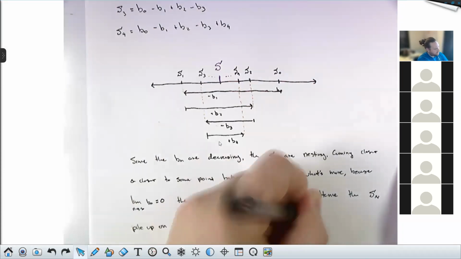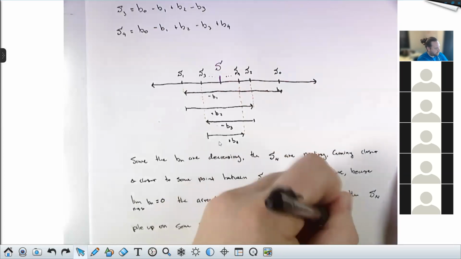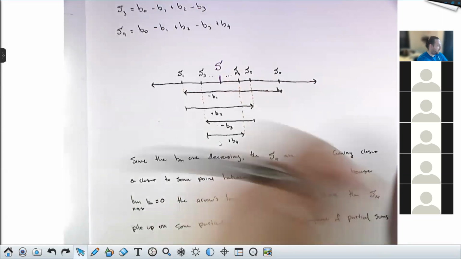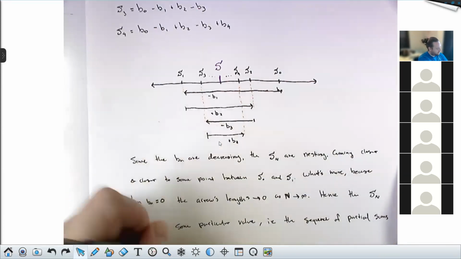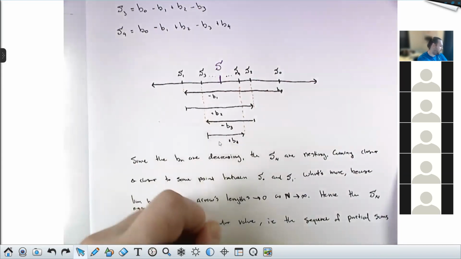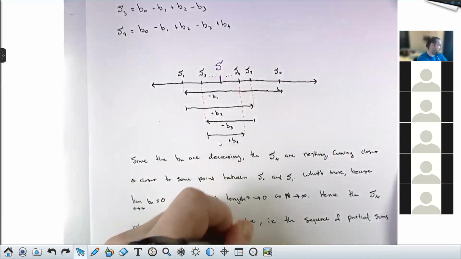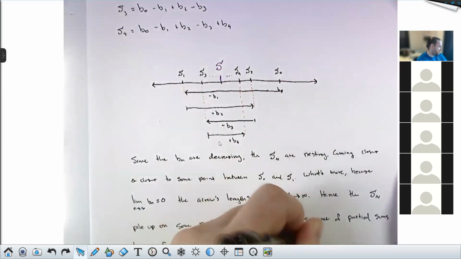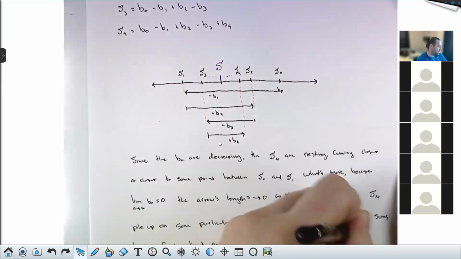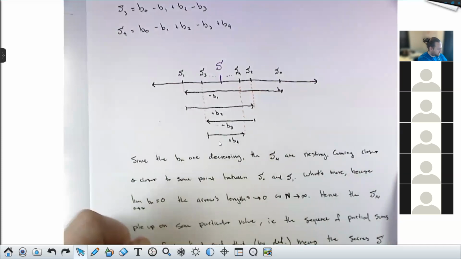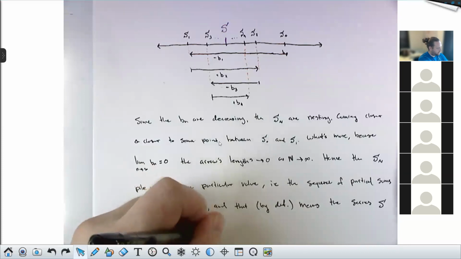I.e., the sequence of partial sums has a limit. And that is exactly what it means, by definition, that the series S must converge. And that's it, that's the proof.